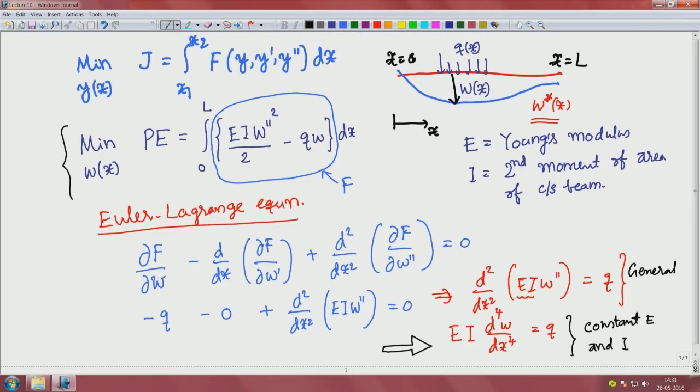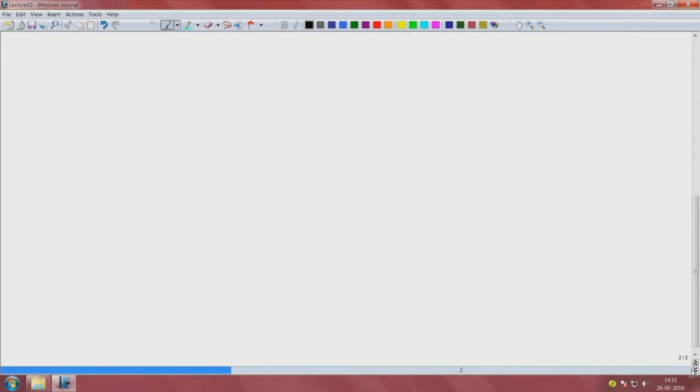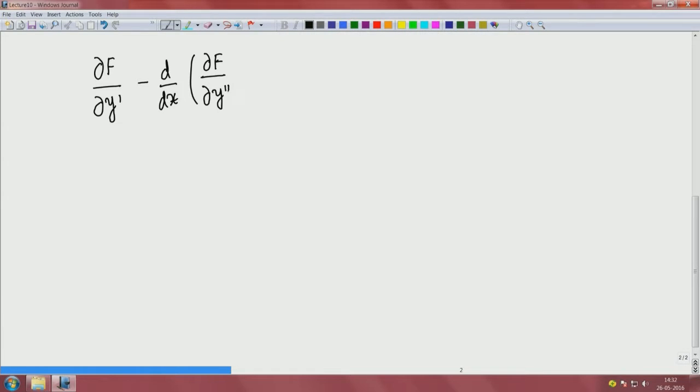Okay, this much we had done in the last class. Now, we will try to write the boundary conditions also. There were two sets of boundary conditions. One was dou f by dou y prime minus d by dx of, for a general integrand that has y double prime, I am writing dou f by dou y double prime times h, evaluated at the two ends x1 x2, equal to 0.